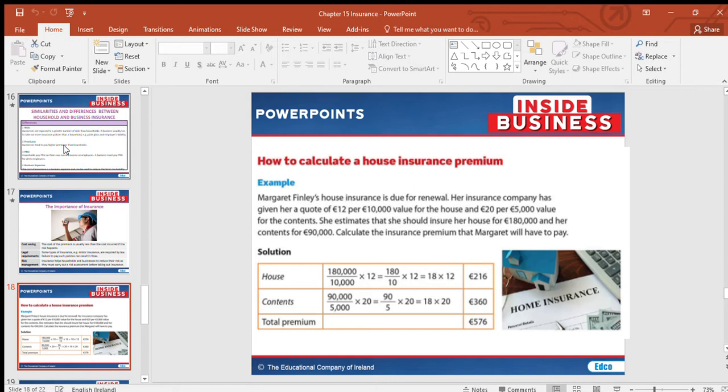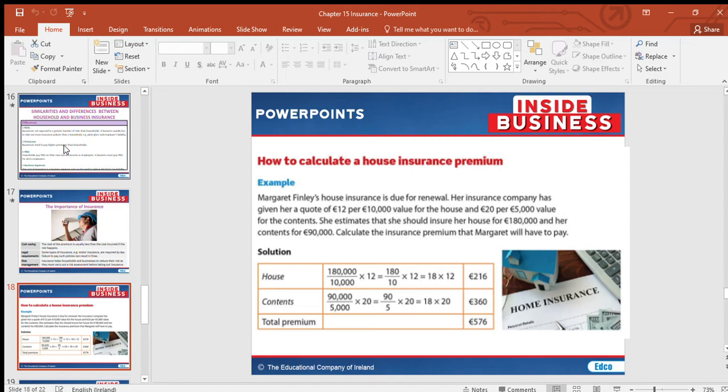So if her house is valued at 10,000 euro, she'd be paying 12 euro insurance. But obviously it's not. It's worth 18 times that. So her house is 180,000 euro worth. So how many times will she pay 12 euro over? And there's a simple way, I wouldn't say formula, in which we can go about obtaining that number in terms of how much her premium will be, how much she will pay.